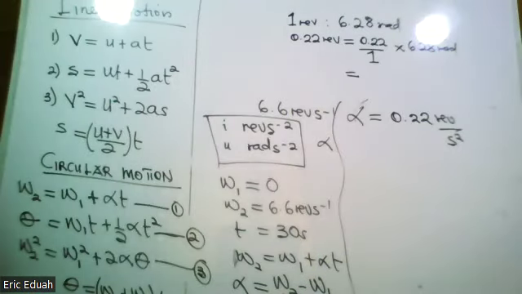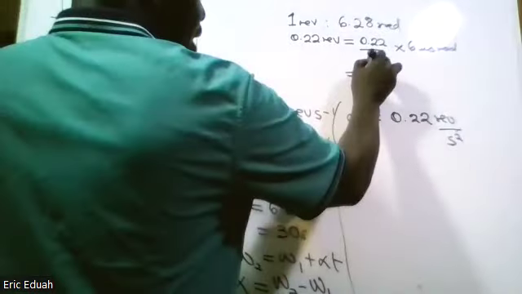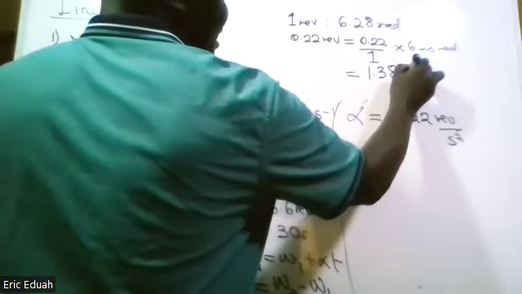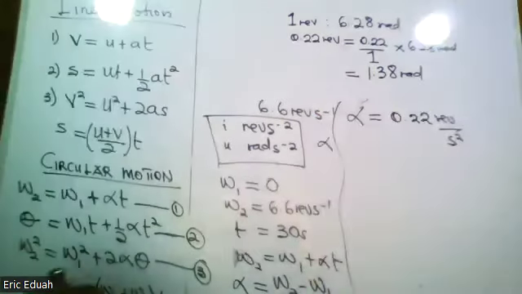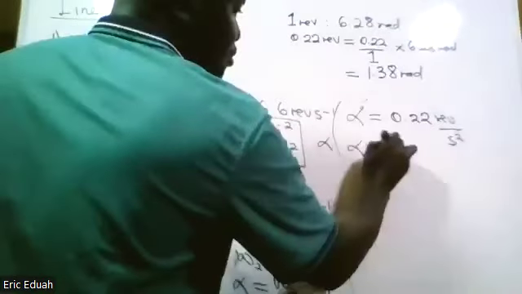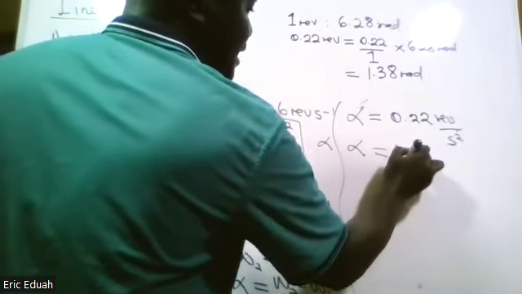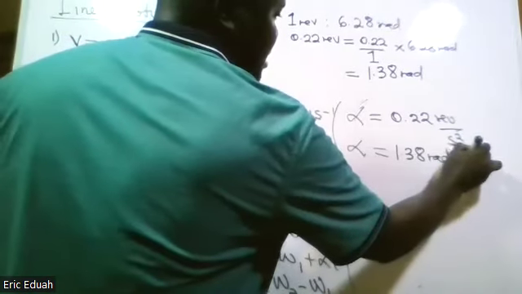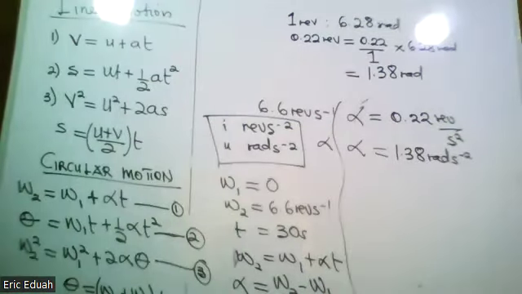Multiply 0.22 by 6.28. That gives 1.38 radian. Therefore, alpha would be equal to 1.38 radian per second squared.